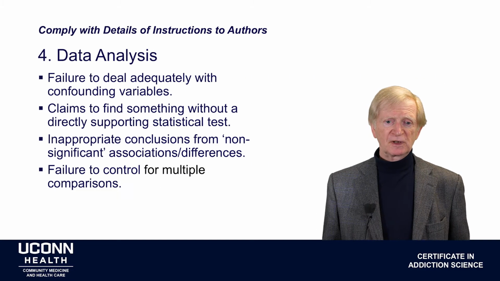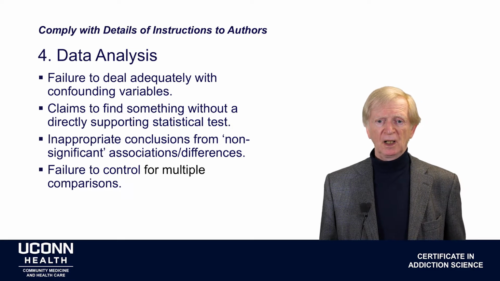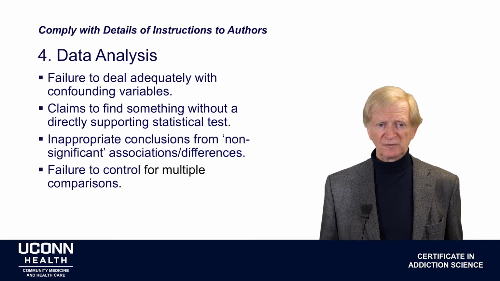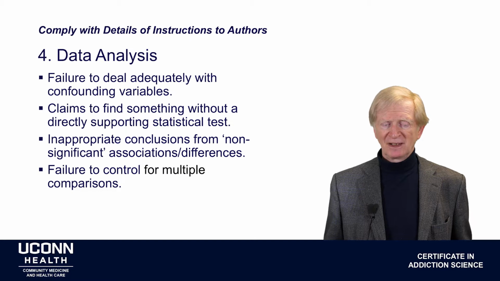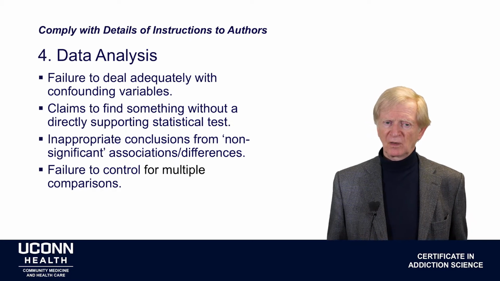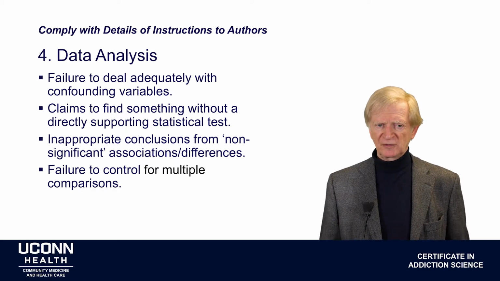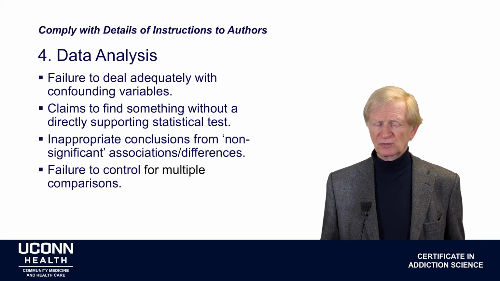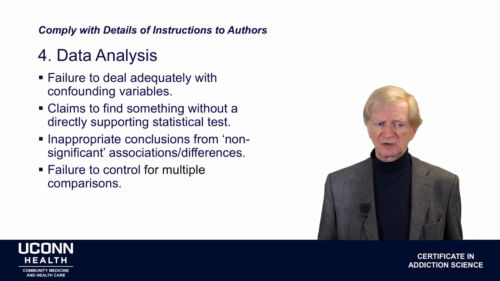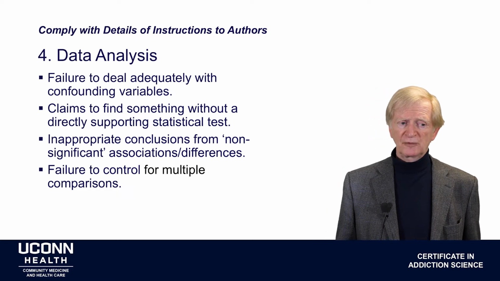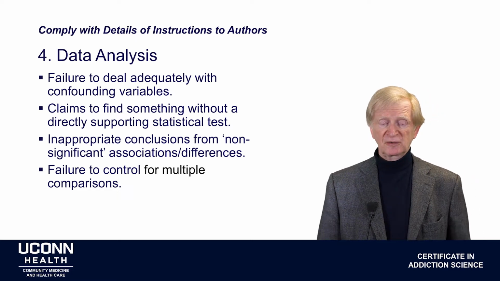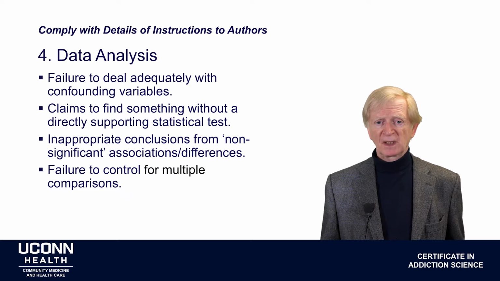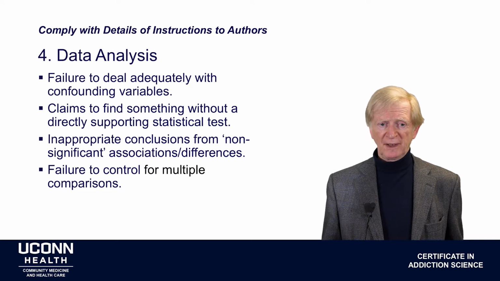Data analysis is another problem, particularly dealing with confounding variables. Confounding is often a fatal flaw that is cited in the rejection of a manuscript. So the best way to deal with it is either an experimental design or through statistical controls that correct for confounding.